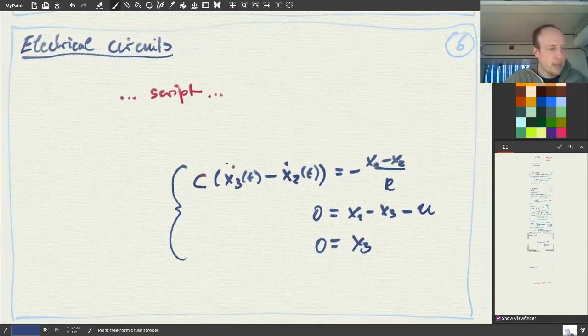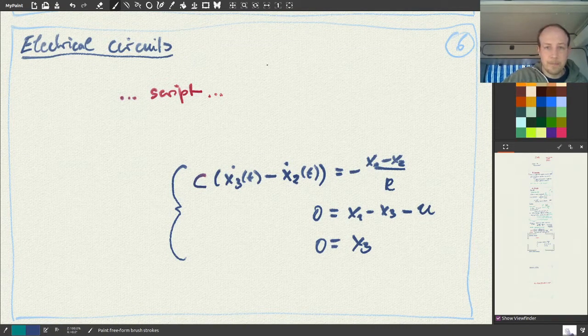Let me draw the model, just to have it all on one page.